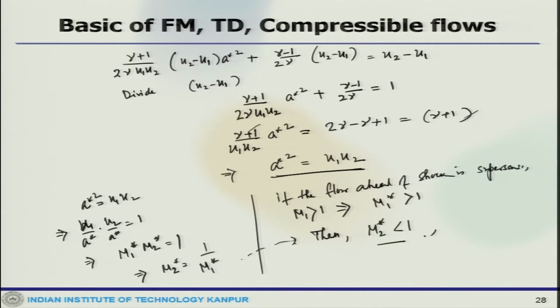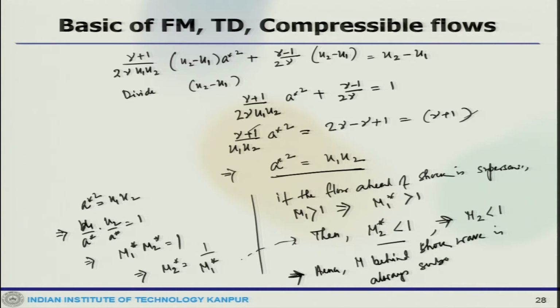So, if M star is less than 1, that means M2 would be less than 1, which proves that the Mach number behind a shock wave is always subsonic. Okay. So, this is behind a normal shock, because this relationship is for a normal shock.